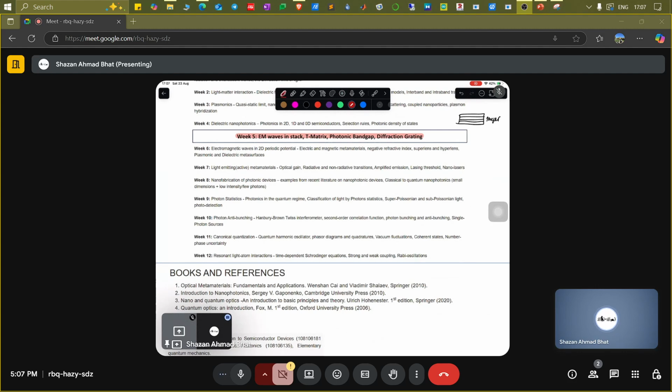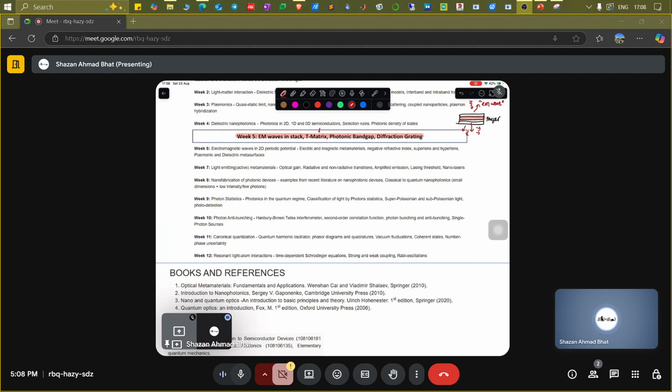If an electromagnetic wave comes in, how is it going to behave? Whether it's going to get reflected or transmitted, or there will be some diffraction, or what is basically going to happen to this electromagnetic wave. That is what we are going to see, and what are the rules governing its propagation, reflection, or transmission inside this layered structure.